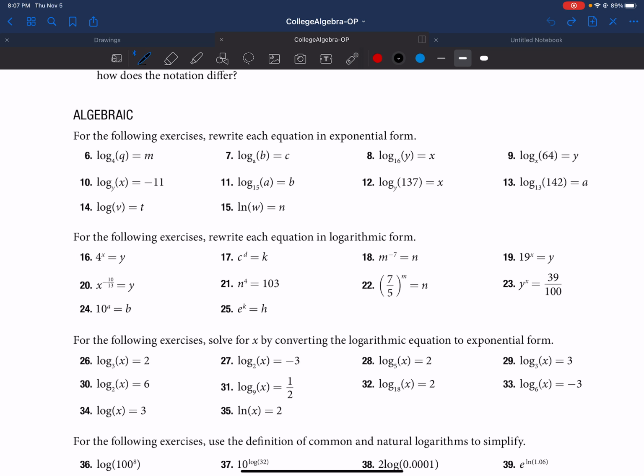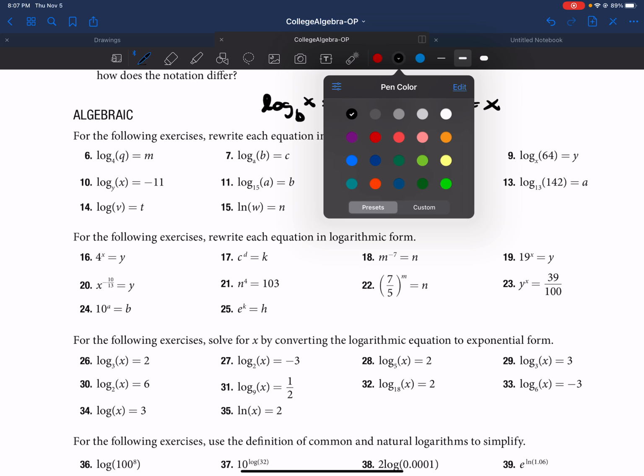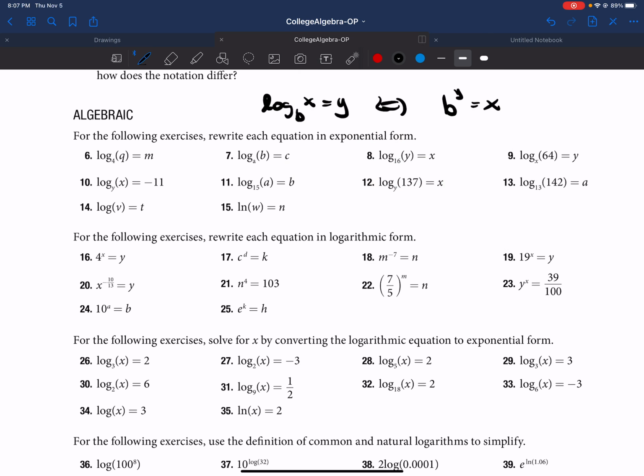And so, recall that log base b of x equals y is exactly the same as b to the y equals x. And so in these problems, in 16, if you look, I just kind of match this up. I go, okay, look here. I've got 4. 4 is where the b is, and the b goes down there.